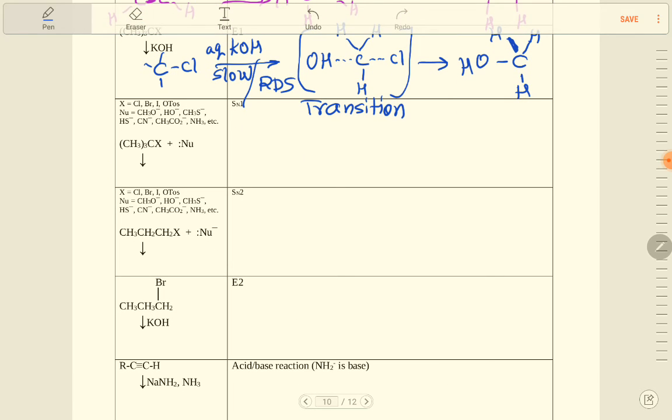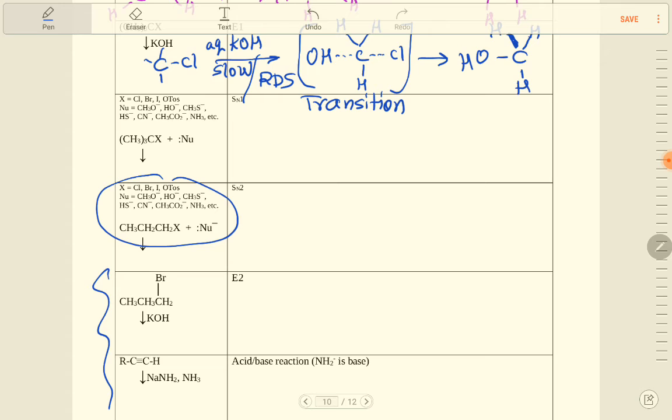Sn2 mechanism. This is the one we are going to work on. Alright, the remaining two you guys need to work on; you are going to find out on your own. So let's say this C is attached with X. This is coming out R3.